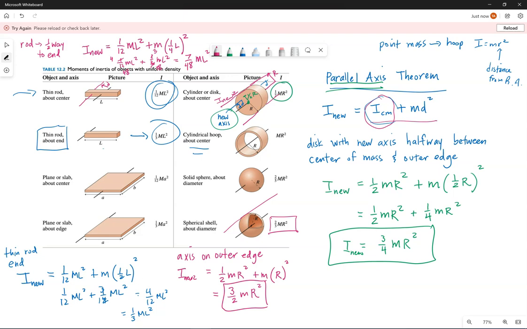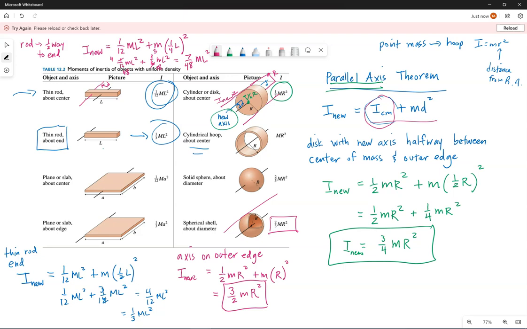So how the mass is distributed around the rotation axis is absolutely crucial in determining this I value. This I value, called moment of inertia, essentially replaces our m.